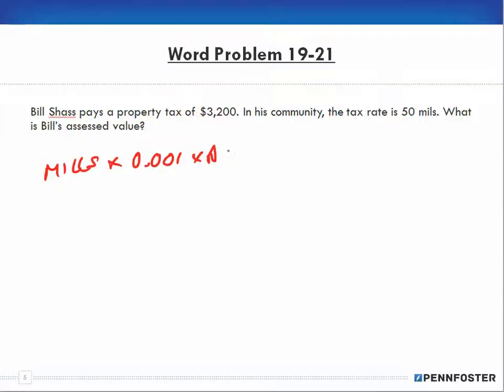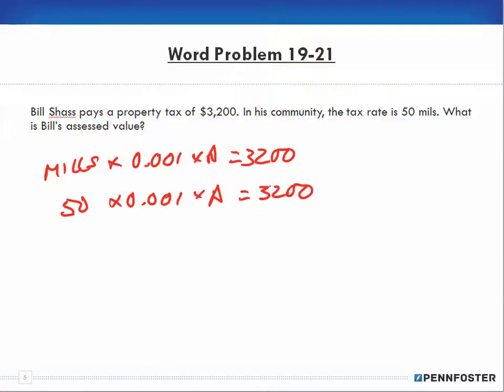In this case, this is equal to $3,200. So we have 50 mils times 0.001 times A, because we want to know what the assessed value is, and this is 3,200.